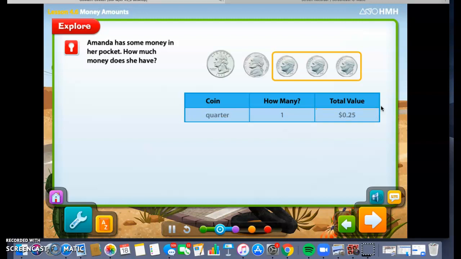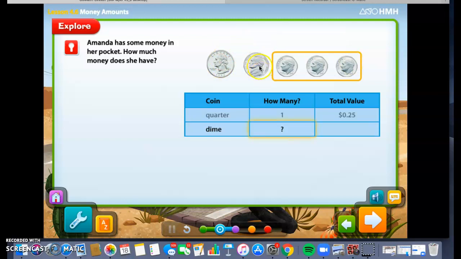The dime has the next greatest value. How many dimes does Amanda have? Do you see that we skipped over the nickel even though it was next in line? And it's also bigger than the dimes because nickels are bigger. We are going in order of how much each thing is worth, all right? The quarter is worth 25 cents.